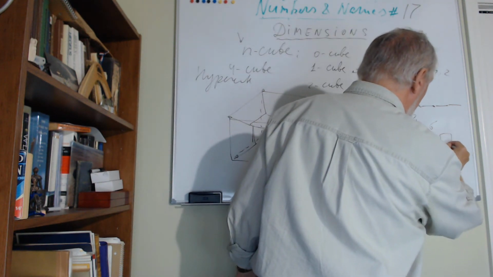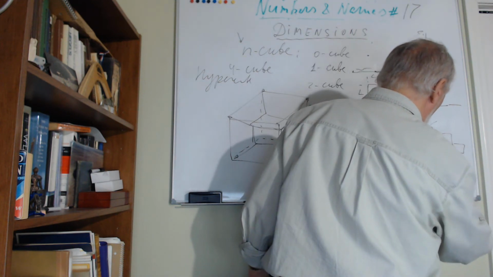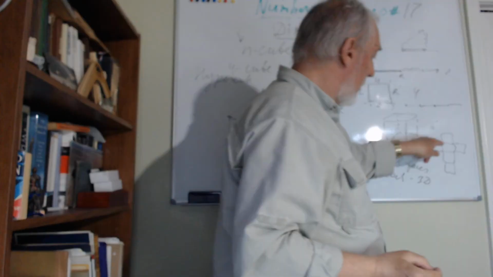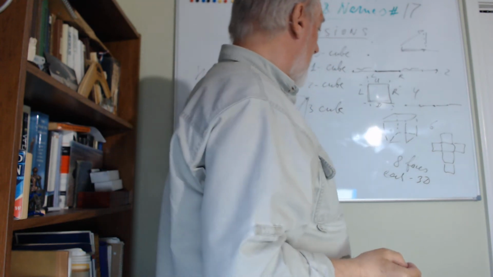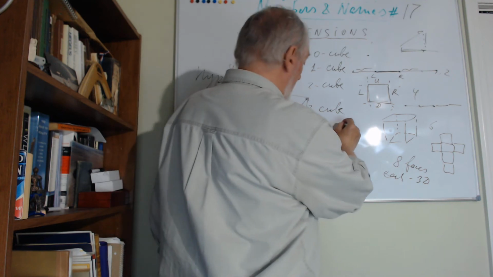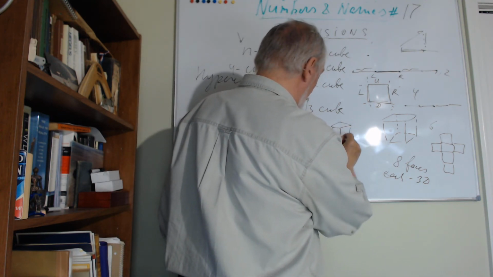You will have these squares, 1, 2, 3, 4, 5, 6. But how is each a cube? Each of them is a cube of the hypercube, and if you unfold this, you will see cubes.